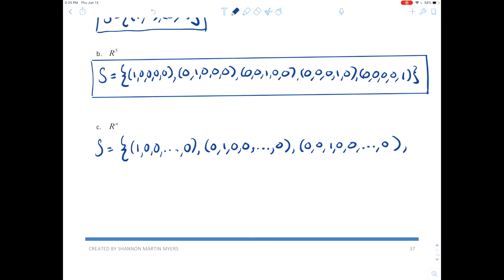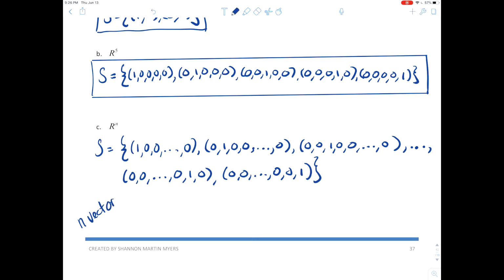And then it would go in that manner until you got to 0, 0, dot, dot, dot, 0, 1, 0, and then 0, 0, dot, dot, dot, 0, 0, 1. And this would have n vectors.